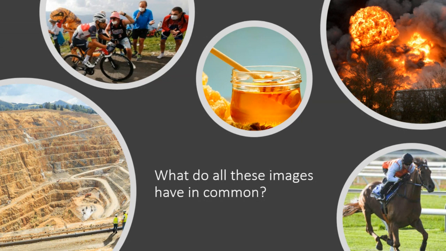But actually, all of these are related through analytical chemistry. For example, we can use analytical chemistry to measure mining runoff in water. We can also use it to determine drug usage in sports through HPLC. We can test blood and urine to see if people are cheating in sports, or if people are feeding animals these to help them win.